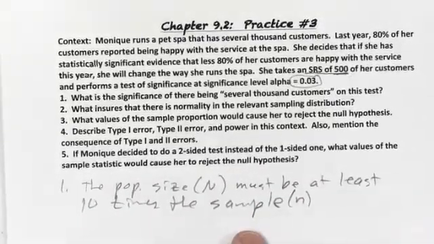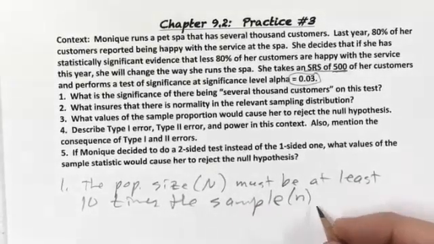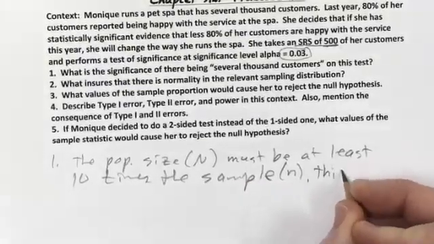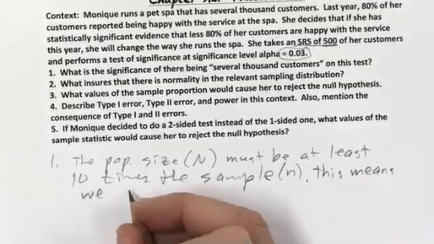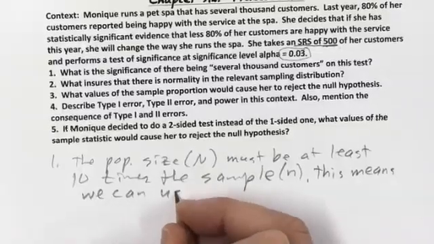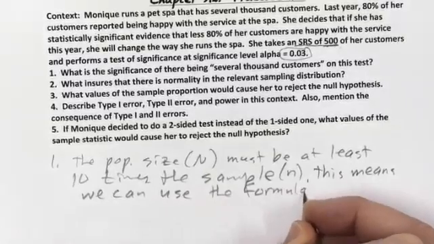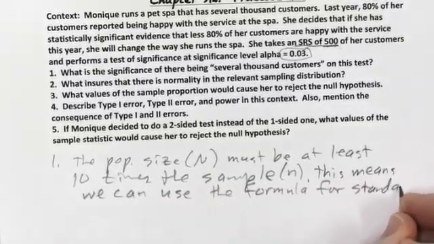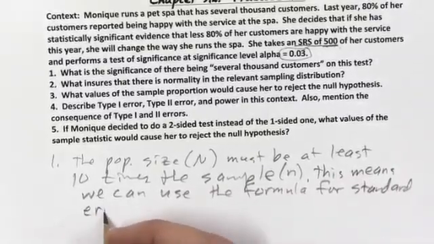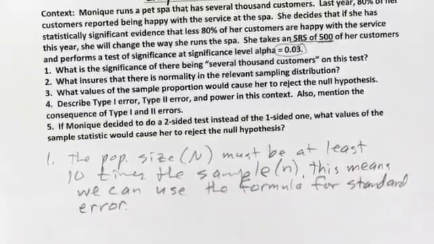Or, the other way of saying it is the sample size can't be more than 10% of the population. And so this means we can use the formula for standard error. Okay, it's a commonly asked question. A lot of people miss it just because they don't know that fact. So make sure to know that fact, okay?